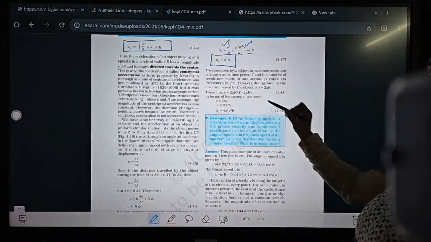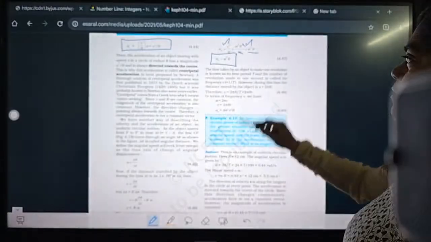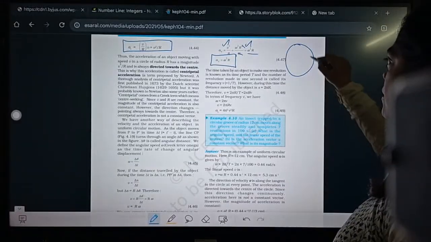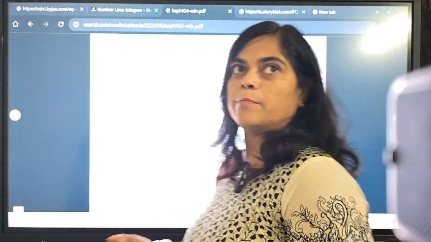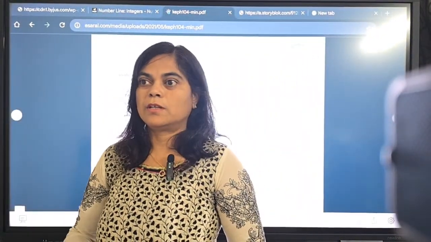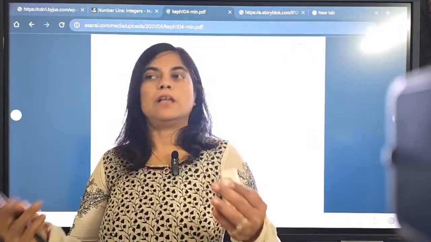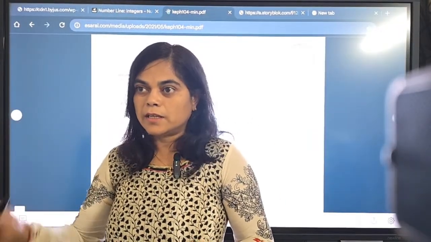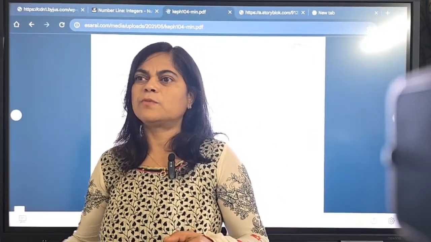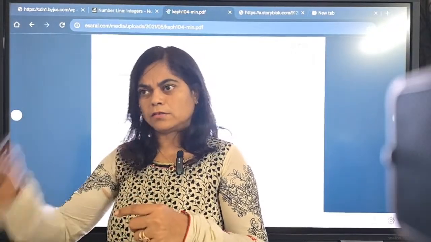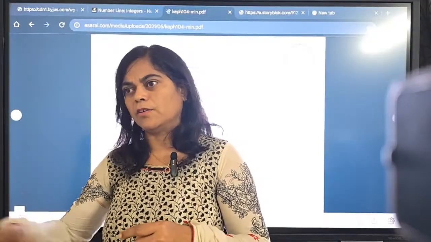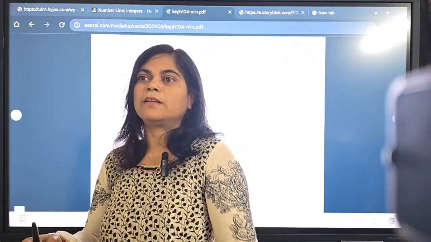Clear? Okay. Suppose a particle is moving circularly, like a fan rotating.